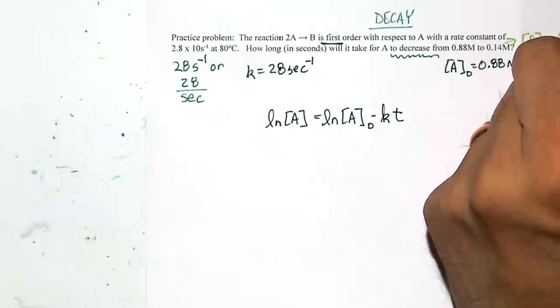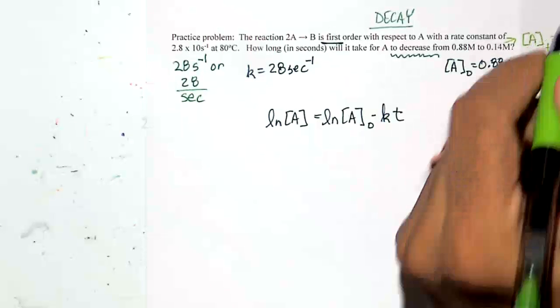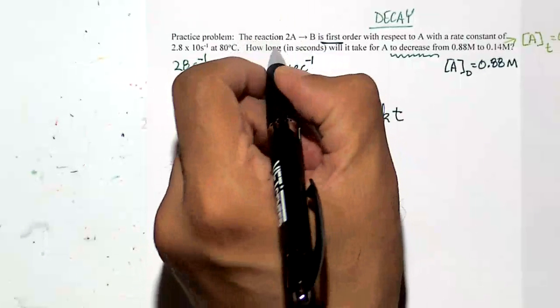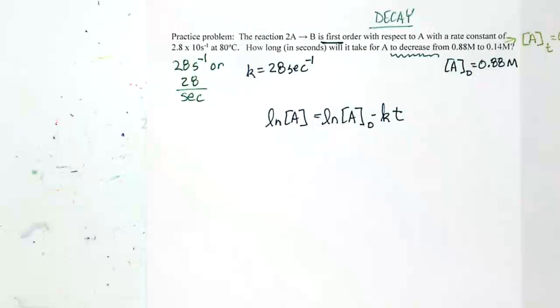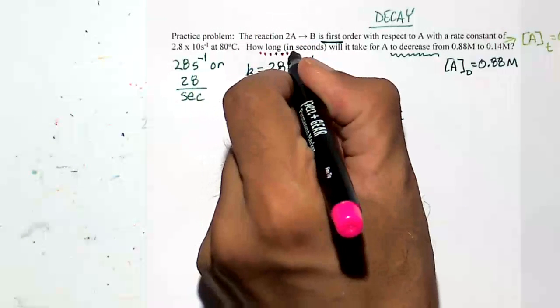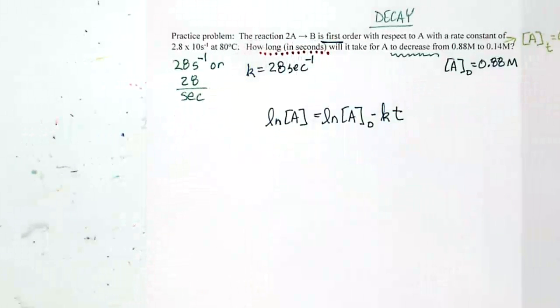At some time t, it will go down to 0.14 molar. So let's plug in these values, and what are we asking for? How long. So we're asked in this equation how long, a time in seconds.